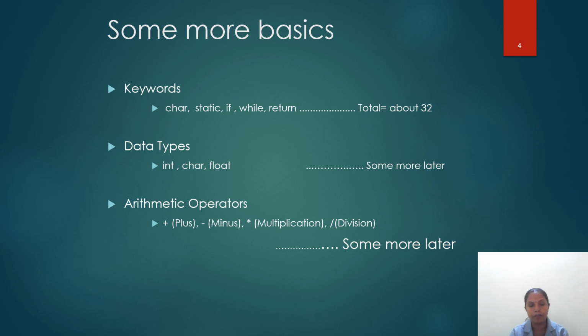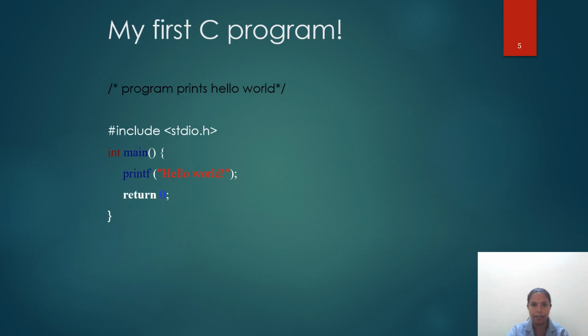The data types are primary, user-defined, derived, and void. The basic data types are int, char, float, double. And we also have operators. The arithmetic operators are basic operators like plus, minus, multiplication, division. These are some of the basics of C programming.